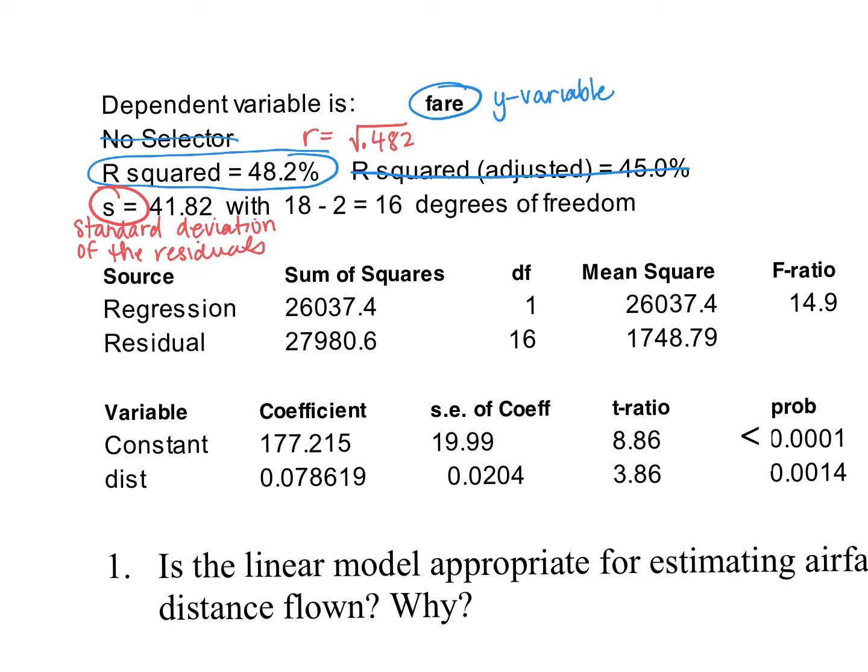The higher the number is, the more variation there is. Then it says 18 minus 2 equals 16 degrees of freedom. Okay, degrees of freedom is going to come into play once we get to chapter 27, our very last chapter. Right now, the 18 tells us n, the number of data points.